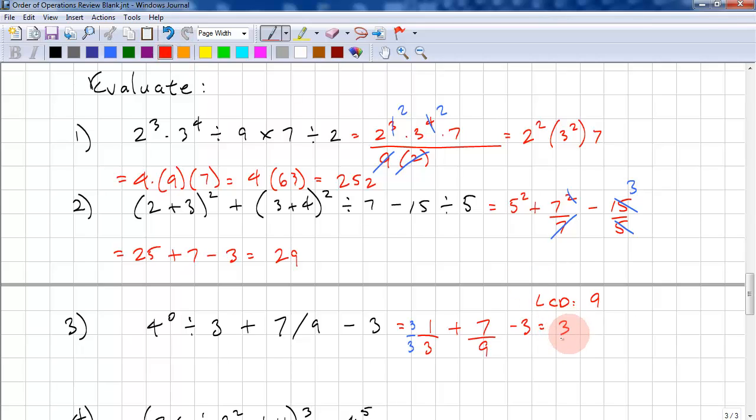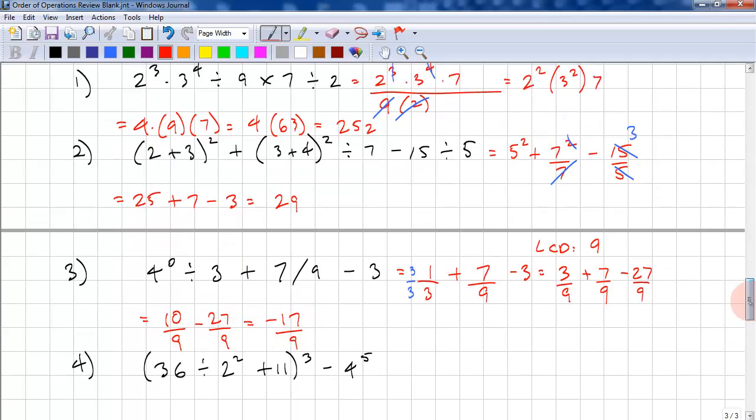So we have 3 over 9, plus 7 over 9, and 3 times 9 is 27. So we have 10 over 9 minus 27 over 9, and this is minus 17 over 9.